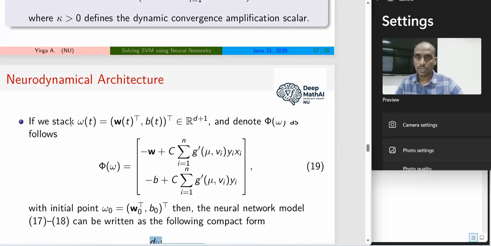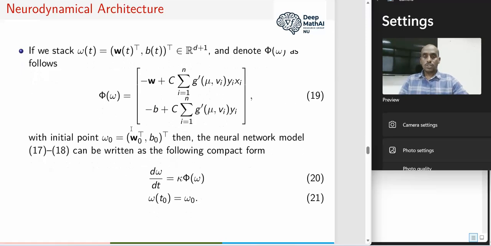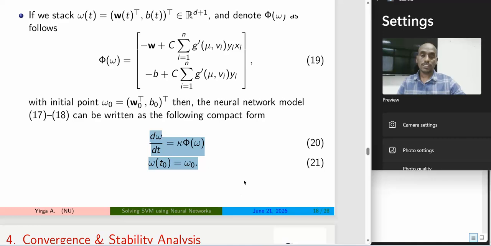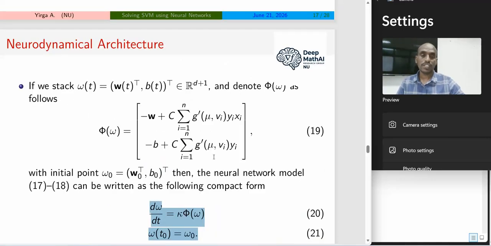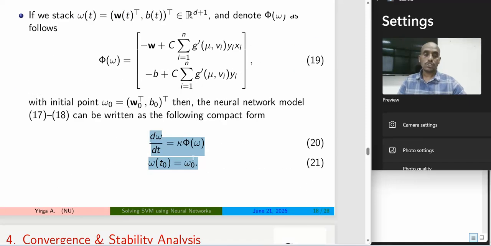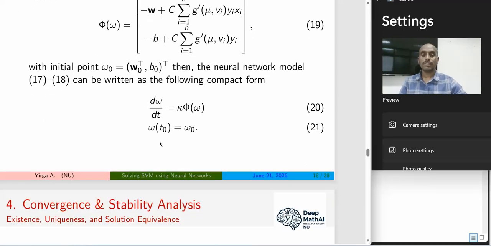We are calling this omega to represent the concatenation of W and the bias B. So finally we compact the problem to be d omega by dt equal to kappa times phi of omega, where phi is a function given by 19. So the rest of our work will be solving problem 20 to 21.